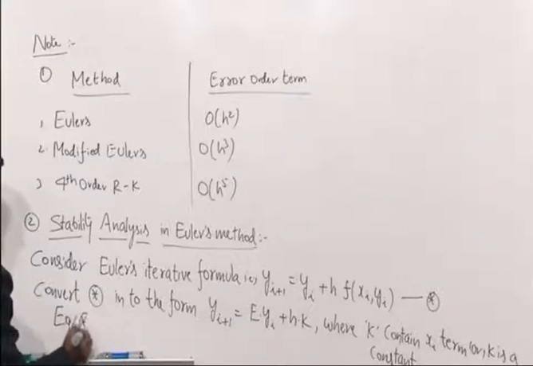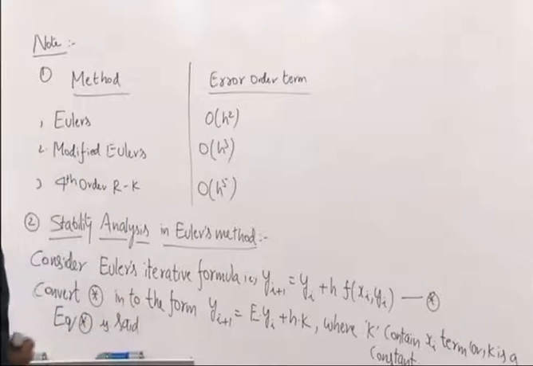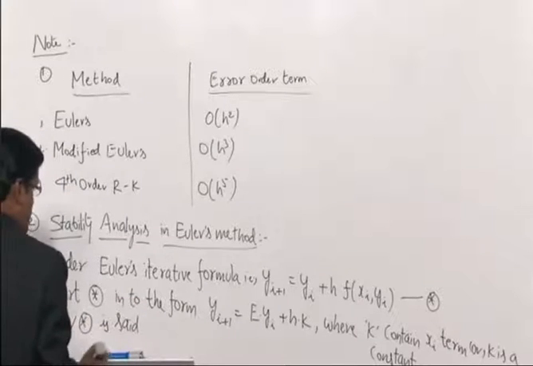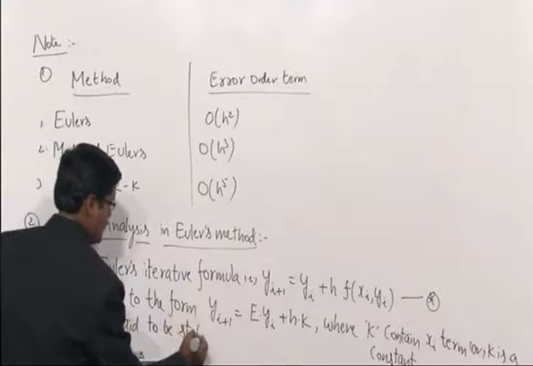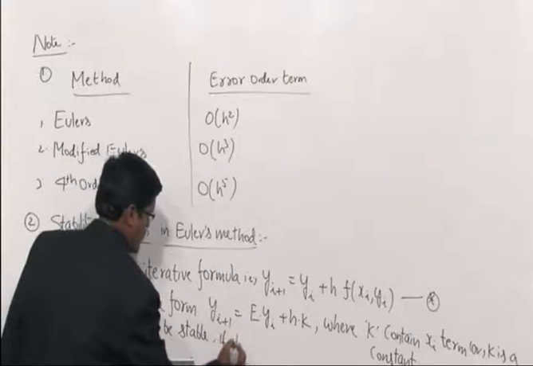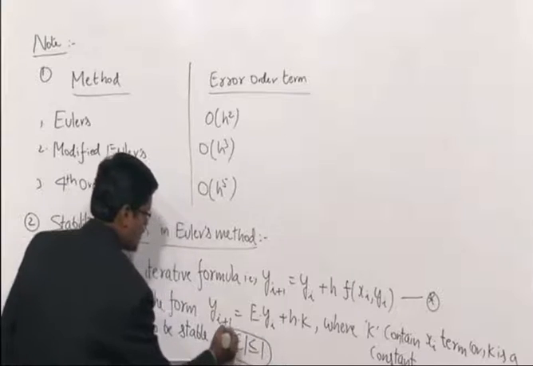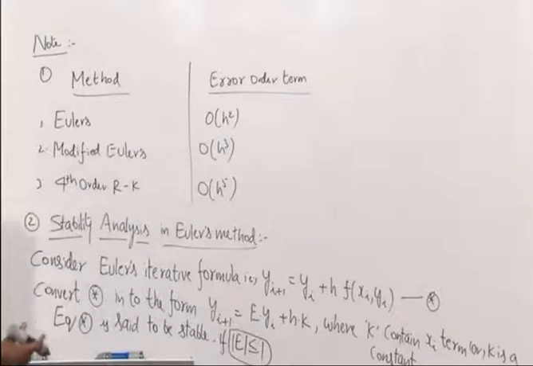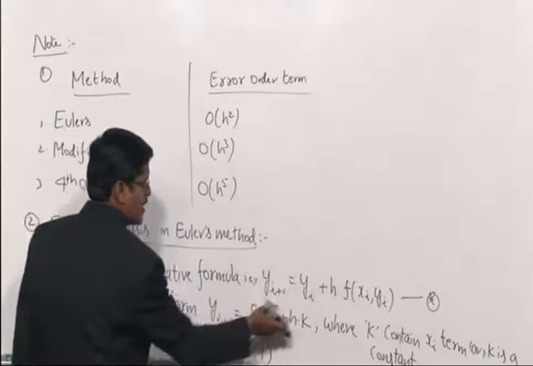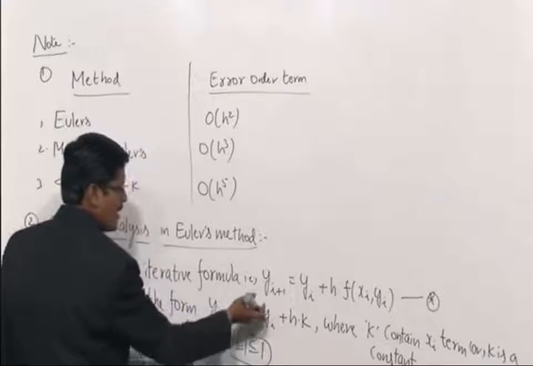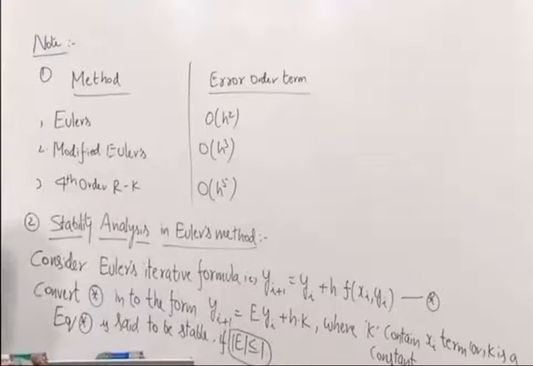Equation star is said to be stable if mod E is less than or equal to 1. All of you please remember this condition. This method is stable whenever mod E is less than or equal to 1. What is this E? Once you bring your iterative formula into this form, then only you will identify E. Then whenever mod E is less than or equal to 1, this method is stable. Otherwise it is unstable. Okay.